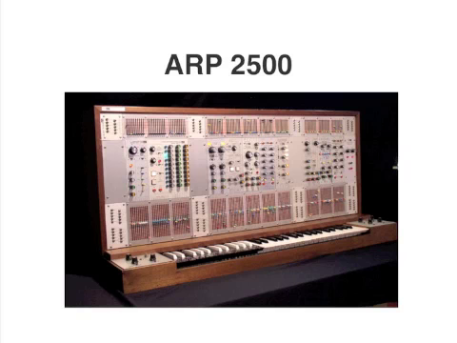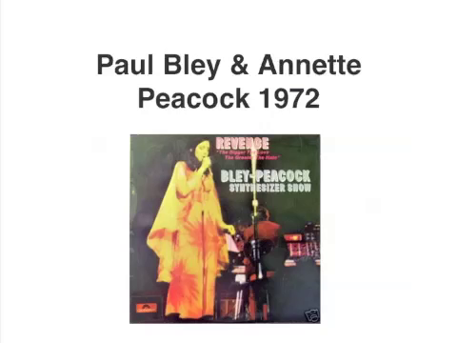They used a combination of synthesizers, Moogs, and also in the 70s, the ARP series, especially the 2500, was in use by musicians, including Paul Bley, a jazz pianist, who put out an interesting album back in 72 with Annette Peacock, which included his use of the ARP 2500 and Moog, and her vocals also running through synthesizer and treated in various ways.